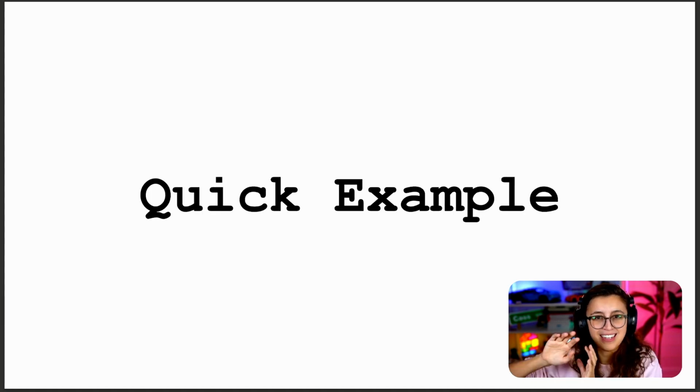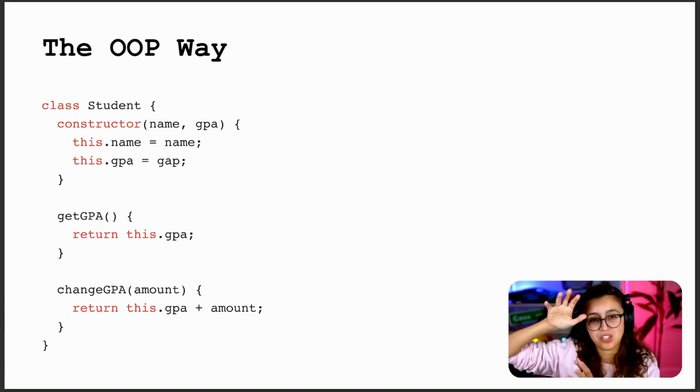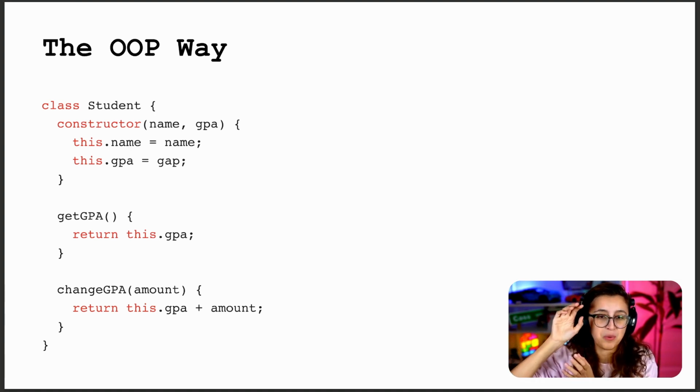So I would like to get into a quick example so you can actually see code and see what I'm talking about. Let's just say you have a school, and in some database, we have records of all of the students, and they all have a name and a grade point average. If you wanted to write this in the object-oriented way, you might say, okay, we have a class Student that has a constructor, and then you would have a name for that student and then a GPA.